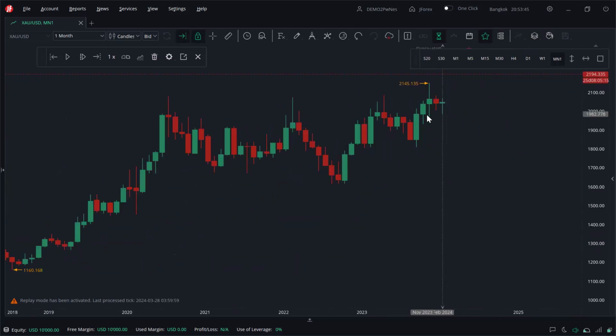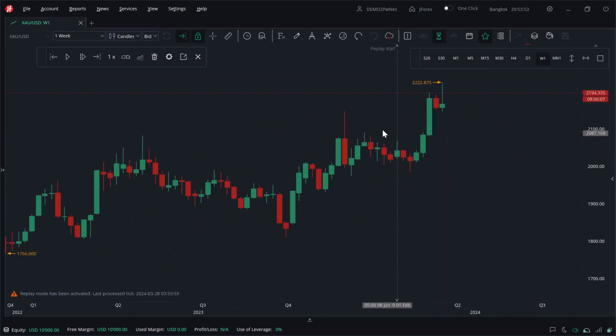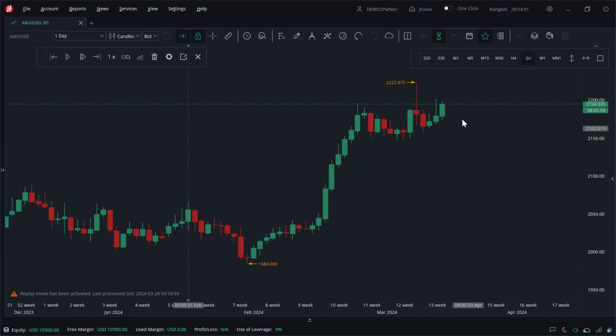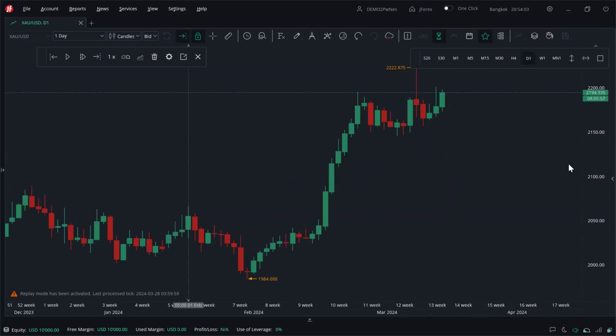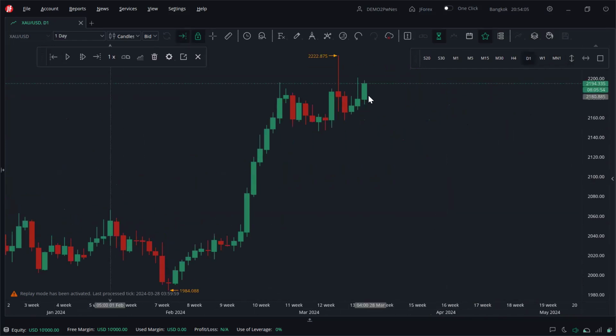Monthly is clearly buy. Okay, we have EF and we have EG. So monthly we know is buy. We go weekly. Weekly we know it is buy. So we know already monthly and weekly are bulls. We go to daily. Daily is already here, bullish.